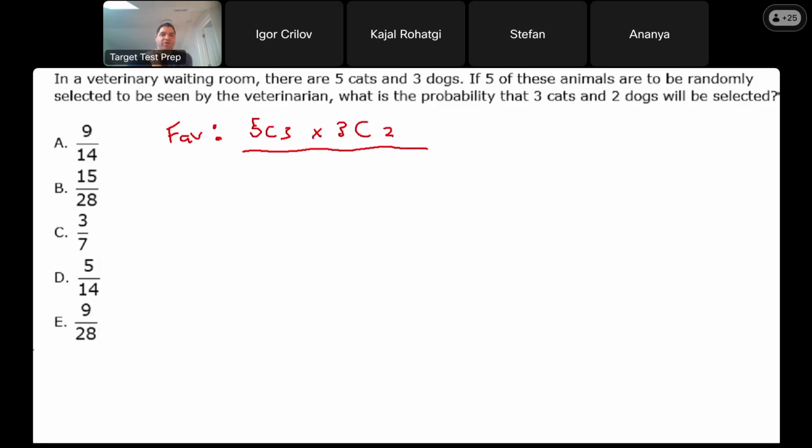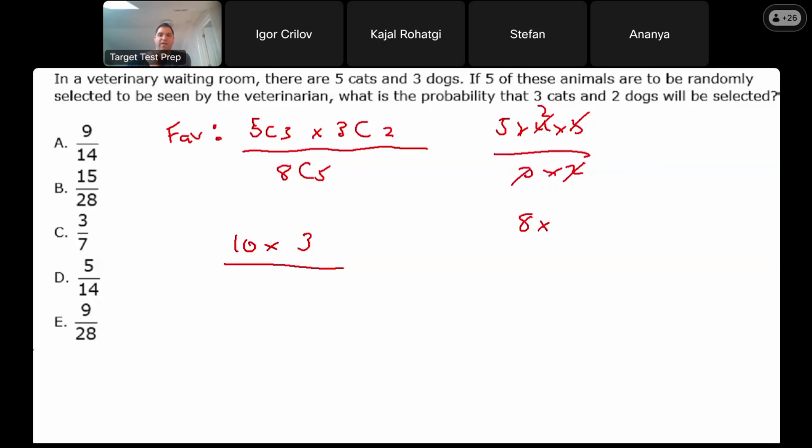And then the only difference is you're doing the total outcomes here, so there's 8 total animals, 5 are being selected, so now you just do it out. So 5 times 4 times 3 over 3 times 2, that becomes 10. 3 choose 2 is just 3. 8 choose 5, 8 times 7 times 6 times 5 times 4 divided by 5 times 4 times 3 times 2.